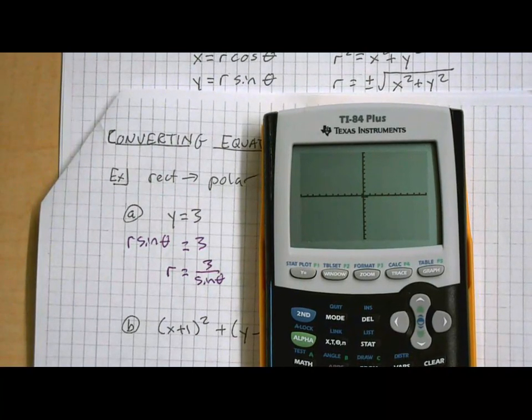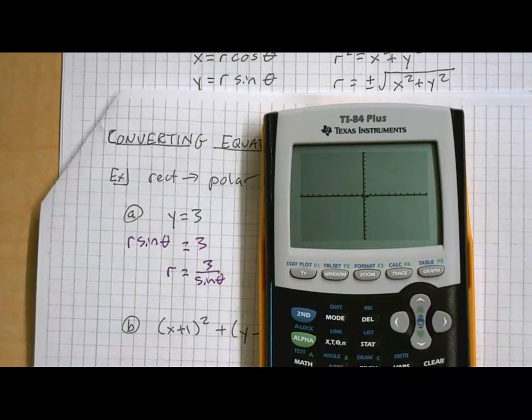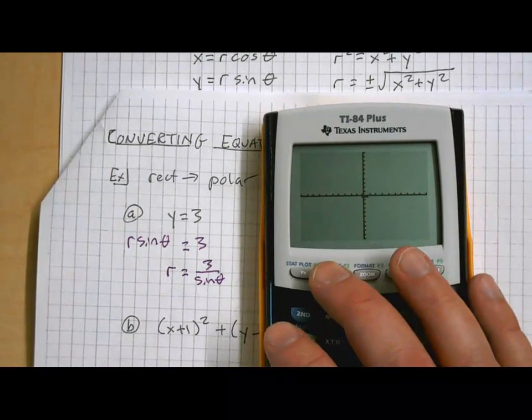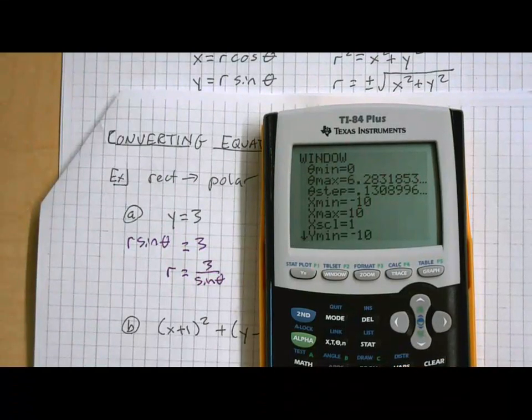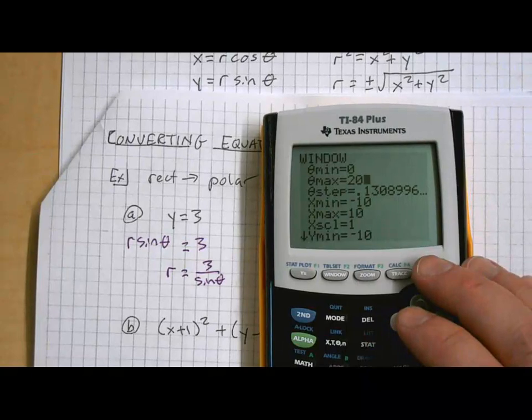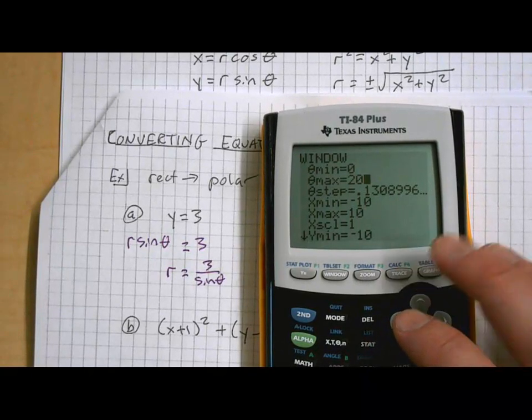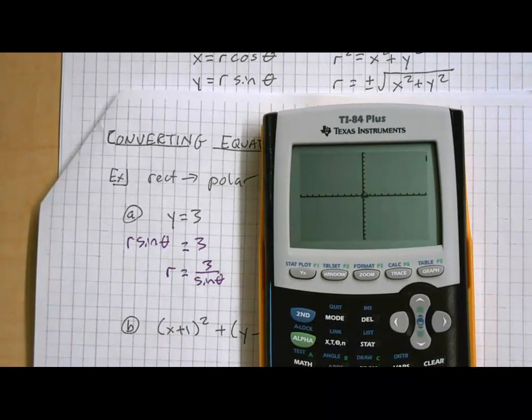Oh, that's not very interesting. It's tiny. Go to your window, and change your theta max to, I don't know, 20. Or something bigger if you want. There we go. Now it's more interesting.